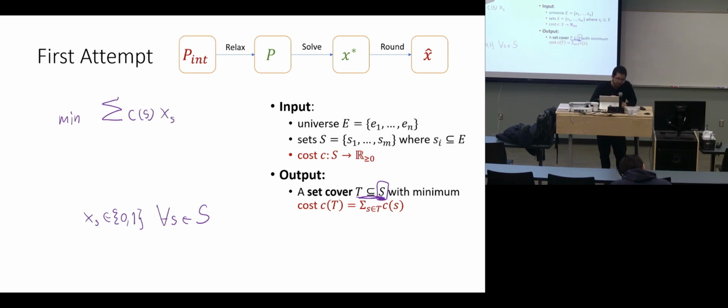Yeah, exactly. Summing over all S in S. So this is really like the total cost of everything that you choose. And what about the constraint? What should be the constraint?